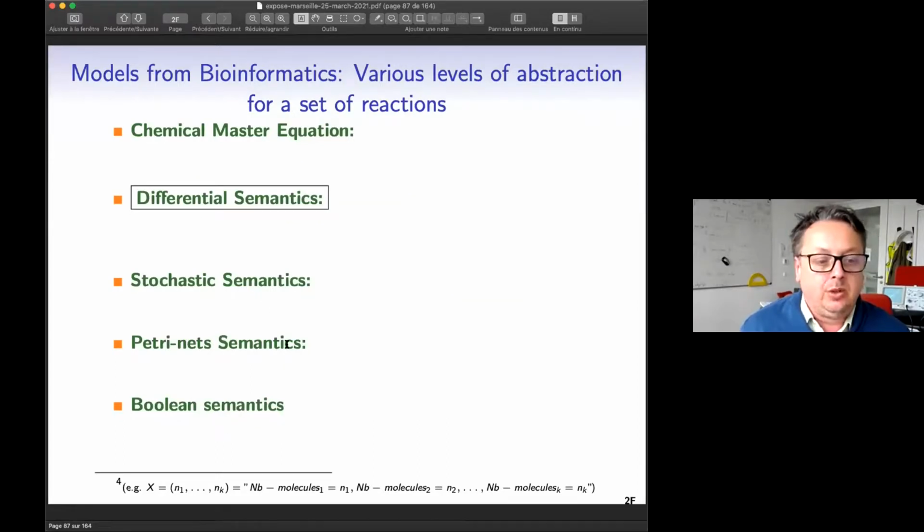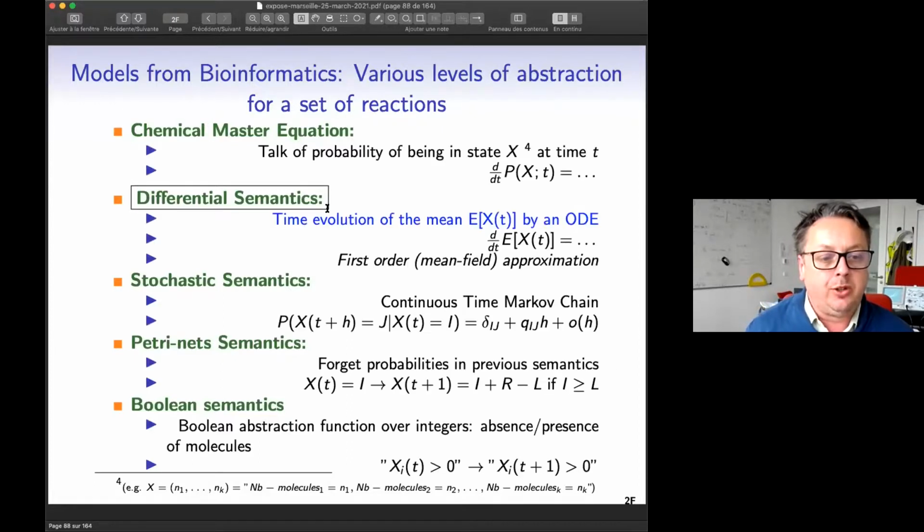You could use the so-called Petri net semantics. You could use stochastic models. You could go to chemical master equation models. And we focus here on what is called the differential semantics. So we model the evolutions of proteins using ordinary differential equations.